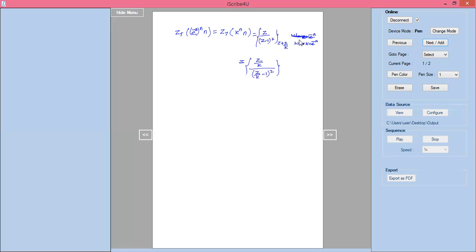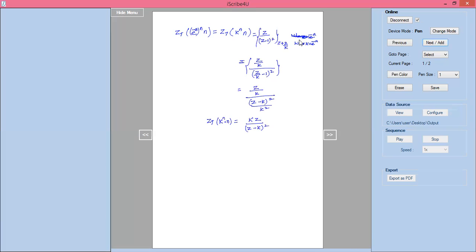Now, if I simplify this, I get (z/k) divided by (z minus k) whole square divided by k square. Now, the Z transform of k^n into n, if you reverse it, you will get kz divided by (z minus k) whole square.